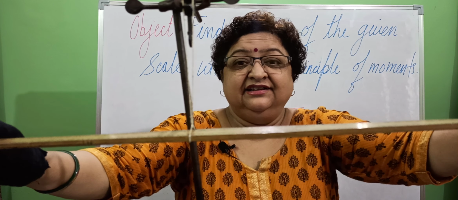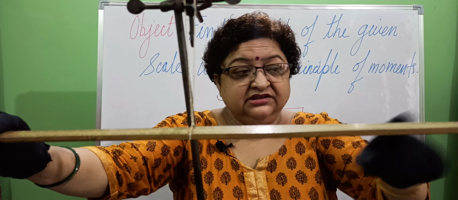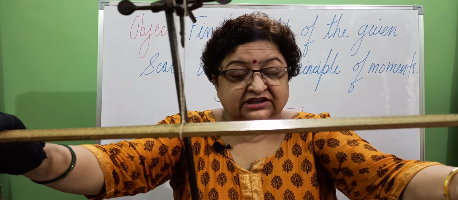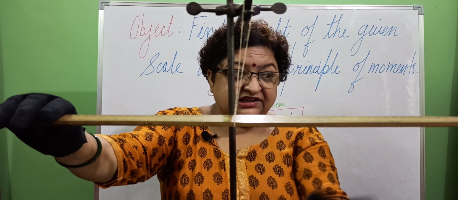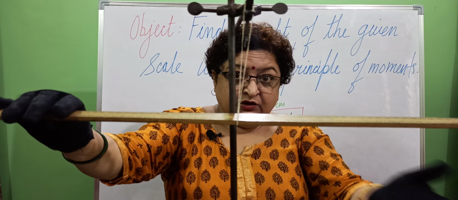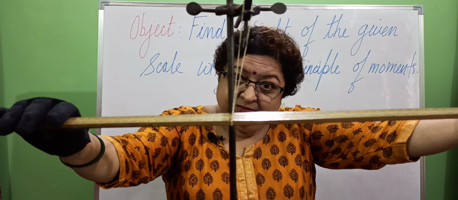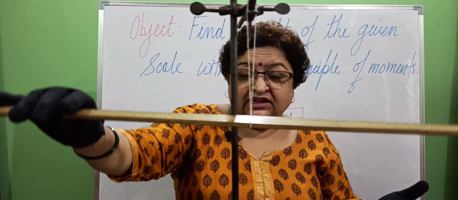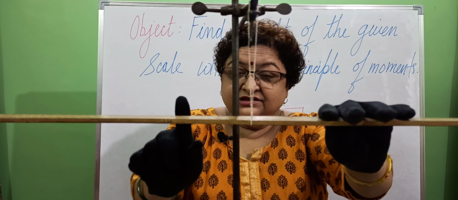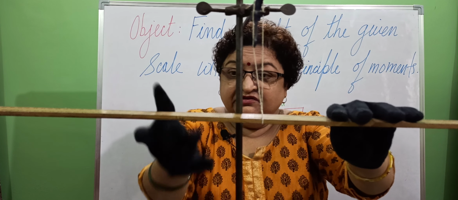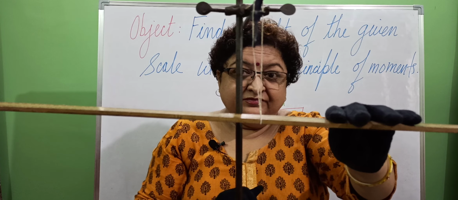No balancing. That means if I'm keeping this 20 gram weight on the right extreme, then also the torque of this weight is not able to balance the torque of the weight of the scale.